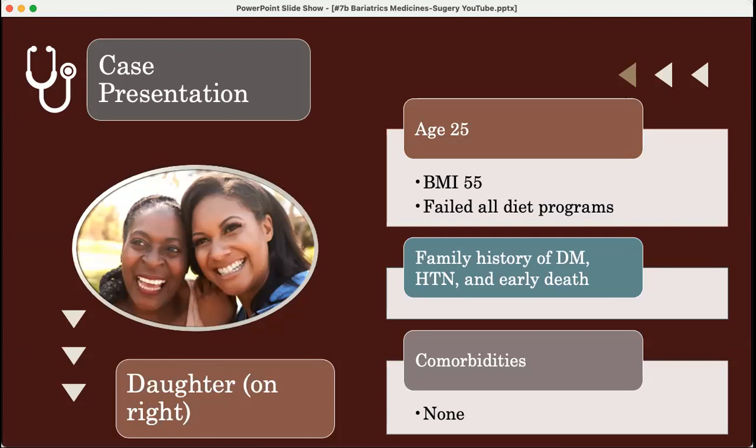Again, remember, she has a big family history: diabetes, hypertension, early death. Nobody lived beyond 62. And she specifically had no comorbidity. She didn't have hypertension, diabetes. She just had a BMI that was 55, whereas the preferred BMI is around 25, or at least less than 30.